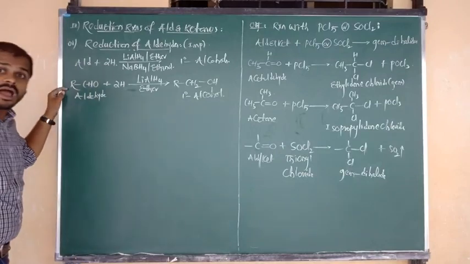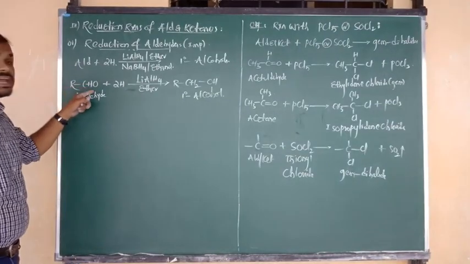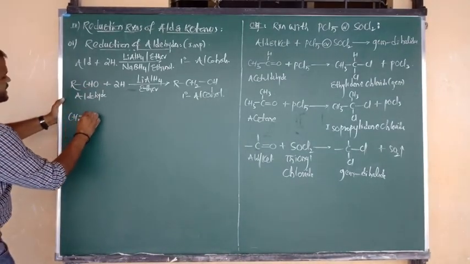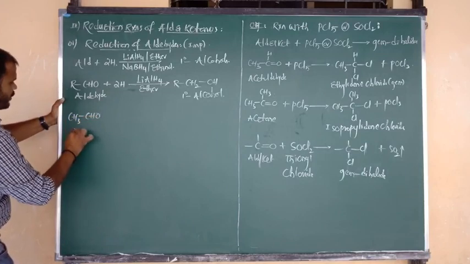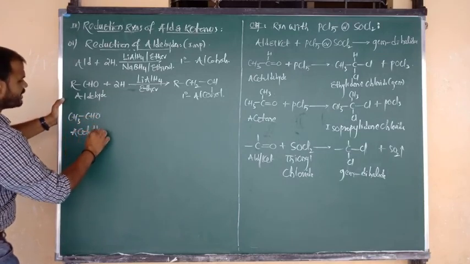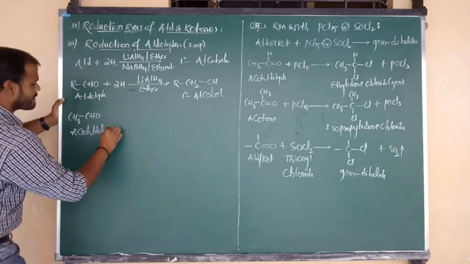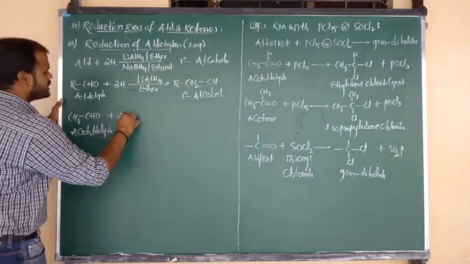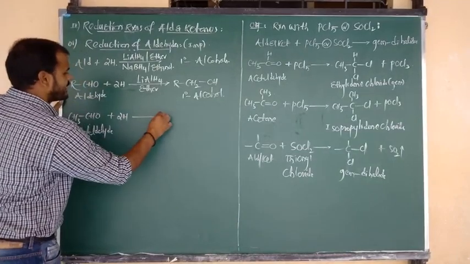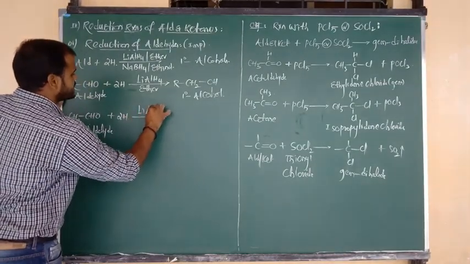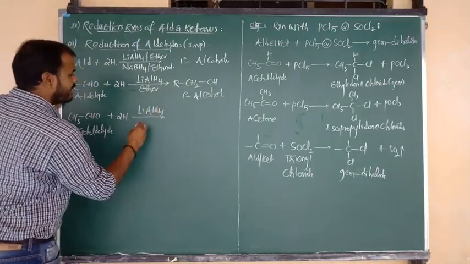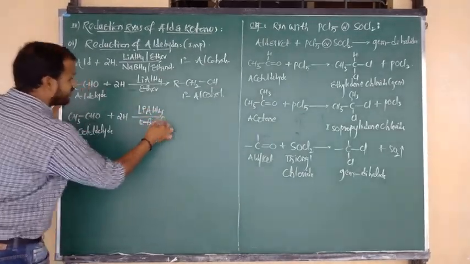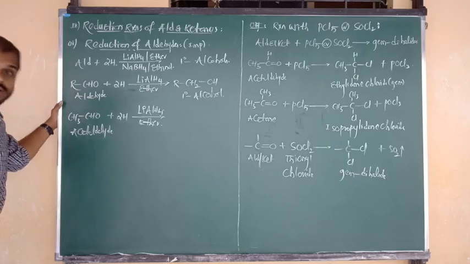Now I am going to show the example. In the place of R, I am going to write CH3: CH3CHO, acetaldehyde, CH3 bonded to CHO. Acetaldehyde upon reduction, addition of hydrogen using the reducing agent lithium aluminium hydride, LiAlH4, in the presence of a supporting solvent, ether, otherwise you can use THF also.